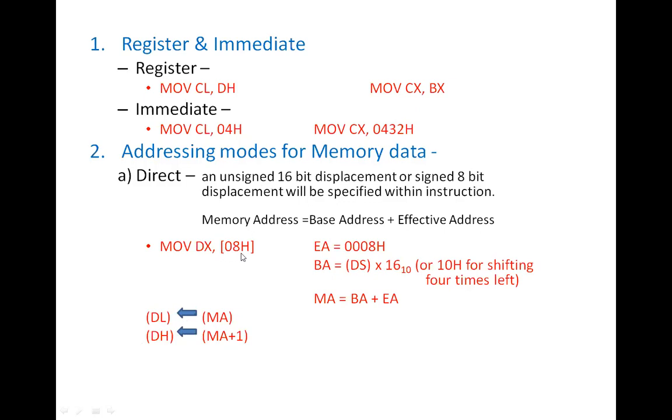Now this displacement can be an 8-bit, or this displacement can be a 16-bit. If it is an 8-bit, it is converted into a 16-bit. If it is a 16-bit, it will remain as it is. And later on, this effective address is added with the modified base address by shifting it 4-bit left. And how it can be done? By multiplying the base address content by 16 decimal.